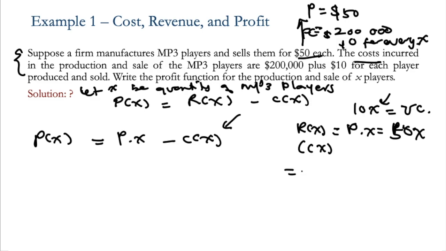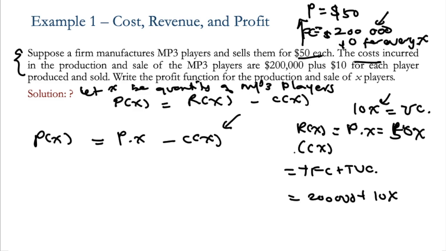And the cost function is total fixed cost plus total variable cost. Fixed cost is 200,000, and variable cost is 10 for every x, so total variable cost is $10 times x. That's the cost function.